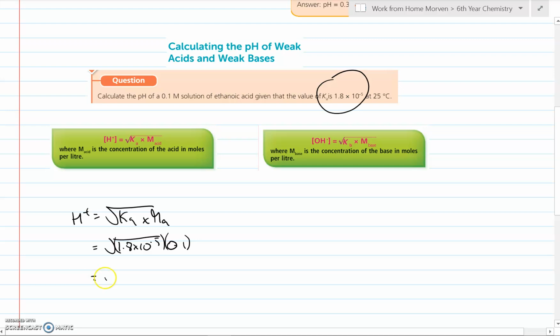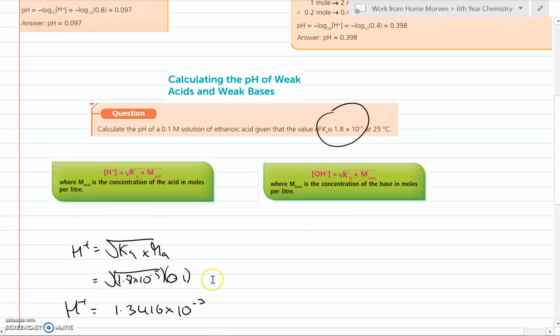Okay, so that's going to give us, hang on one second. Sorry, square root, 1.3416 by 10 to the minus 3. Now that's the H plus ion concentration, okay?